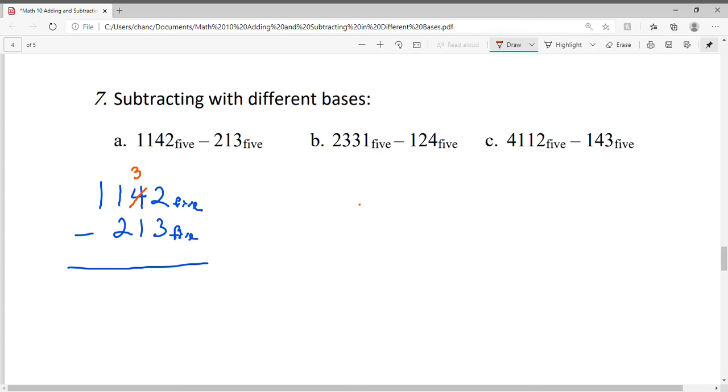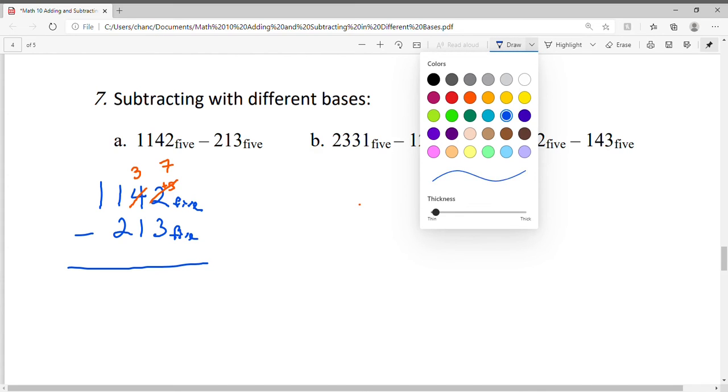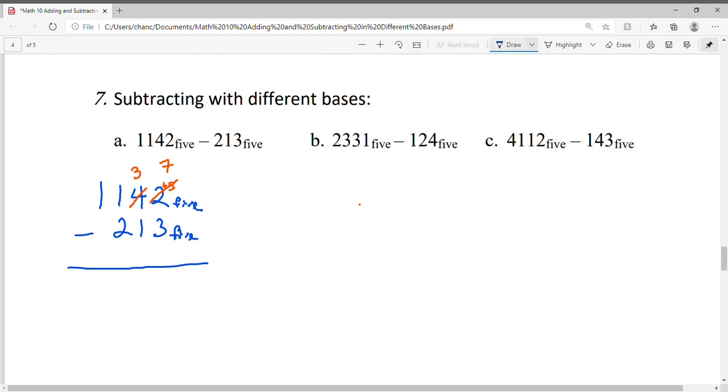This is base 5. So we're actually adding a 5 to this. So we borrow from that 4. We're borrowing a 5. So this 2 actually becomes 2 plus 5, or 7. Now we can subtract. It gives me 4.